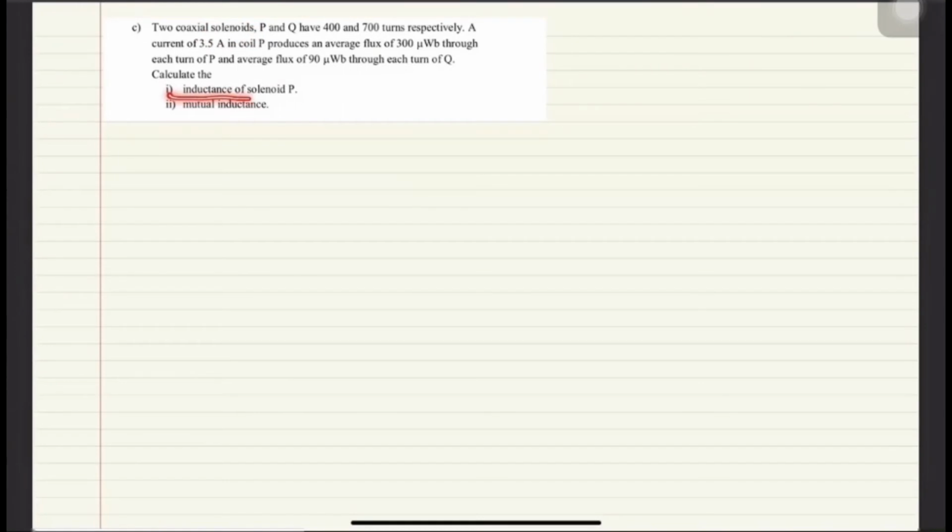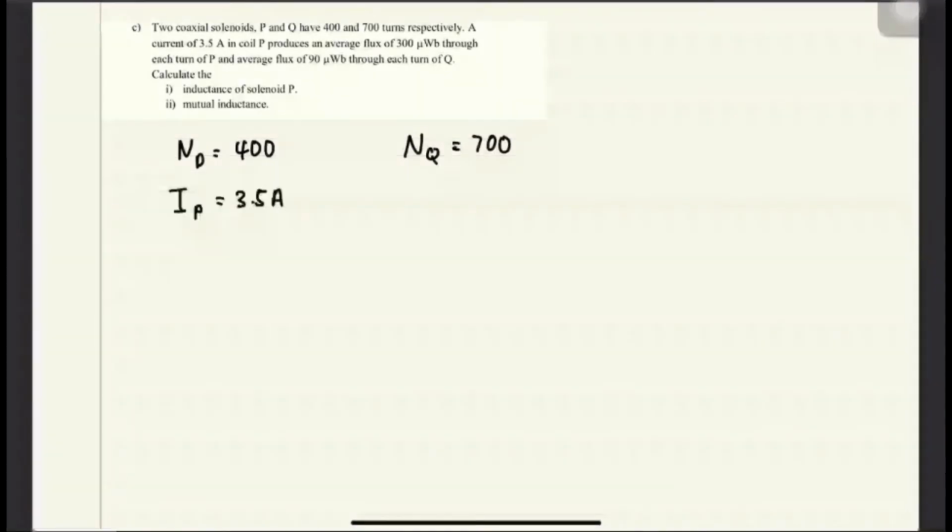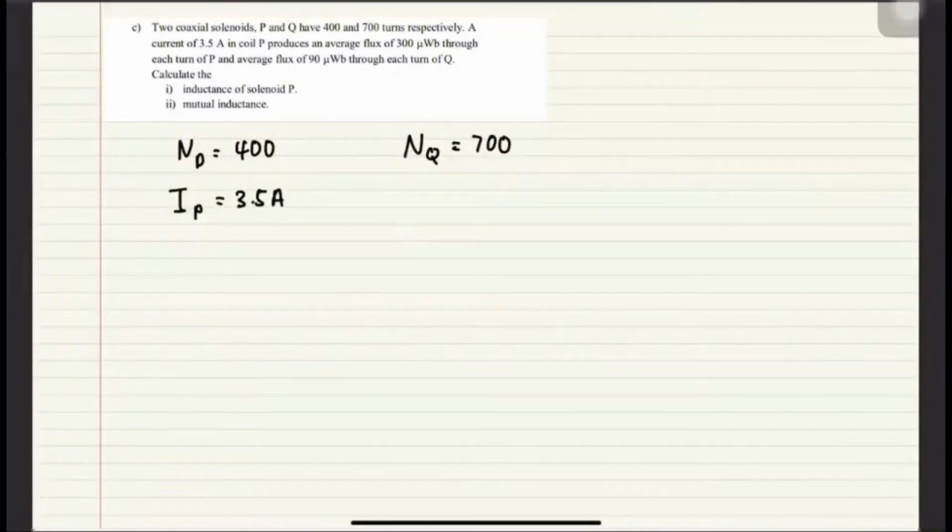But when you read the first question, it says to find the inductance of solenoid P, which means here they want to find the self-inductance, for the first one. So let's reduce the information first so it's clearer. N for P equals 400, and for Q equals 700 turns. Current in coil P, I in P equals 3.5 ampere, and the average flux they produce is 300 microweber.